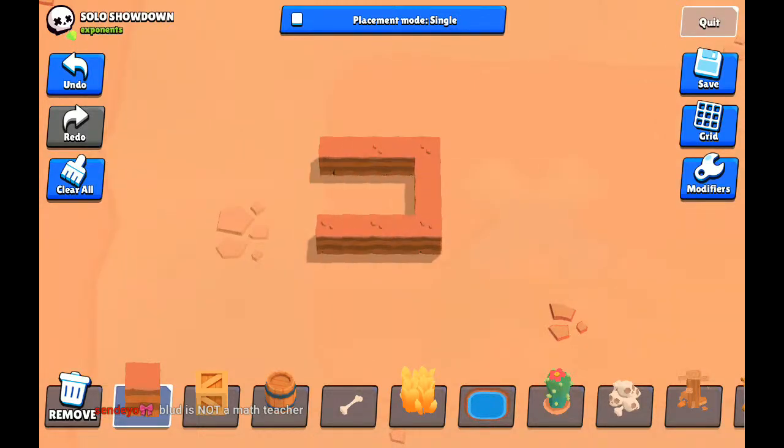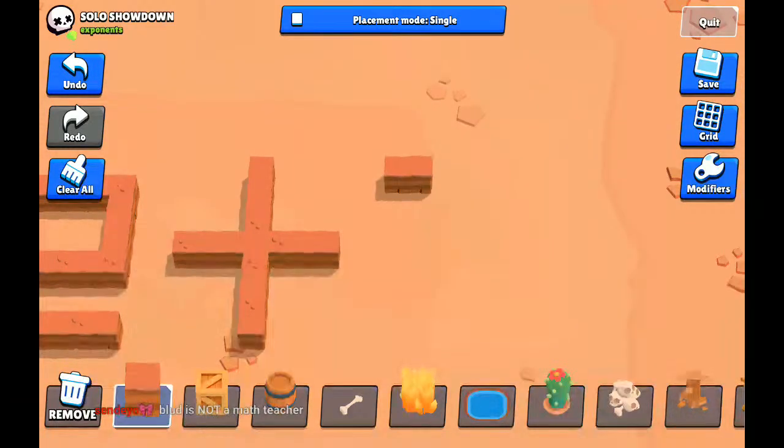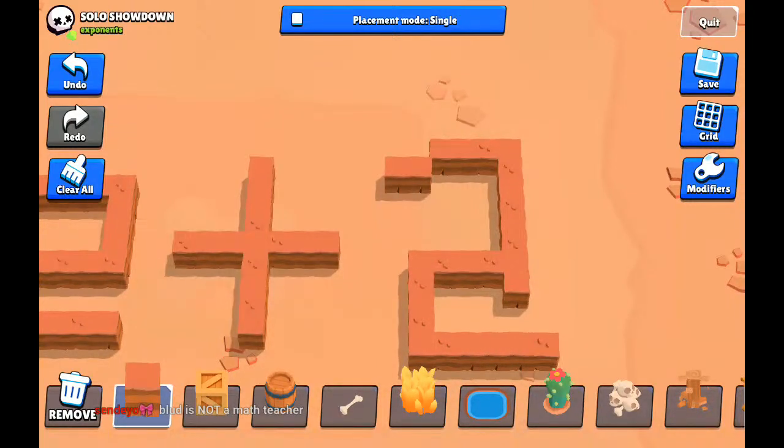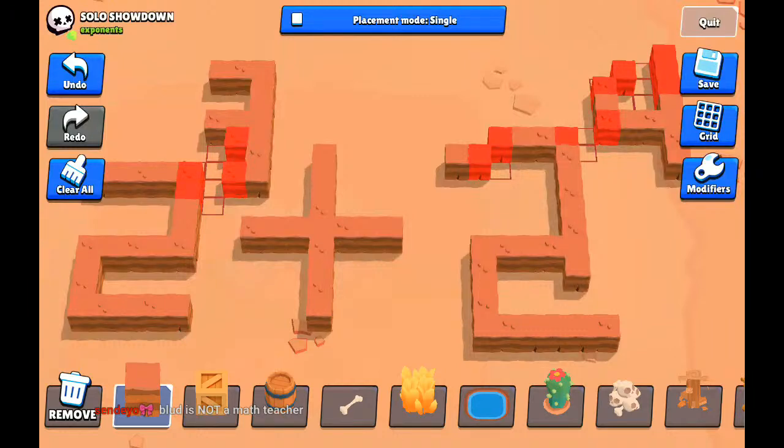So it's basically like this. 2 to the 3 plus 2 to the 4. Now the thing about this is, you can't do this, because inherently, exponents are all about multiplying.